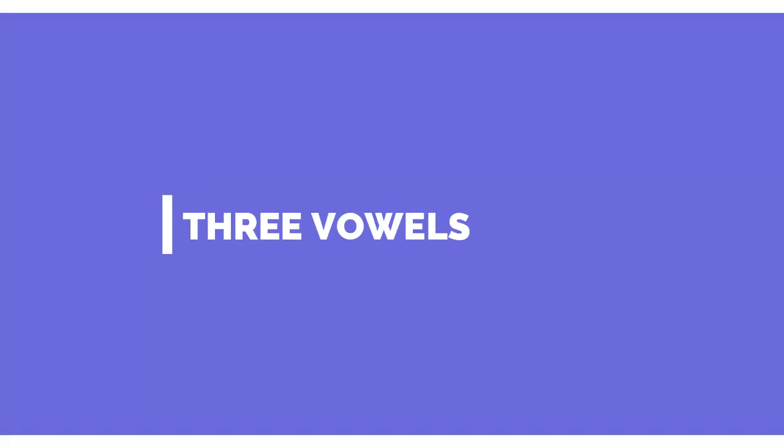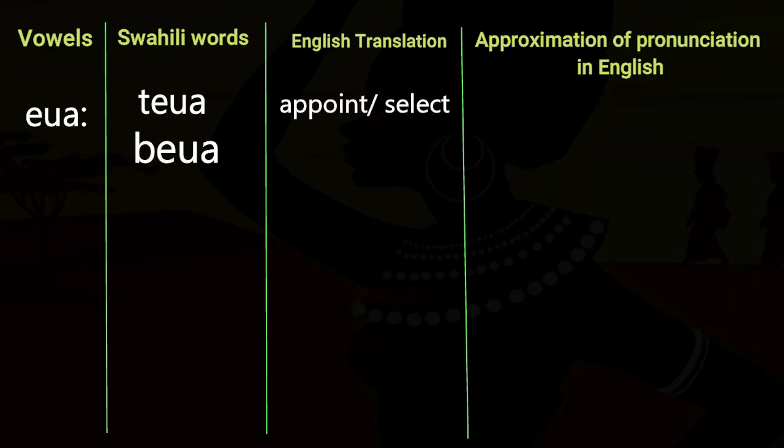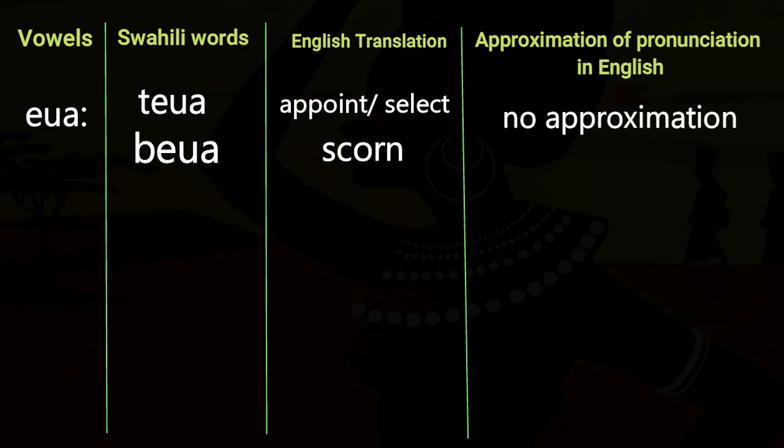Okay, and then lastly we have 3 vowel sequence. The first sequence is e, u, a, in words like teua, appoint or select, beua, scorn.